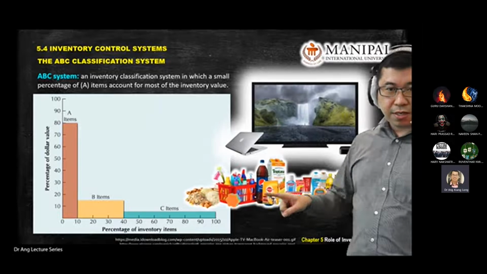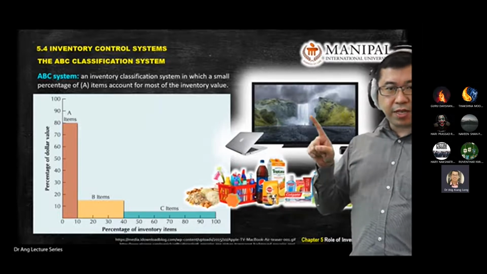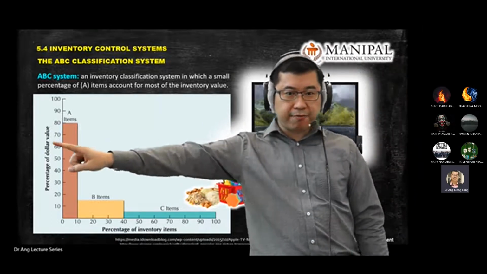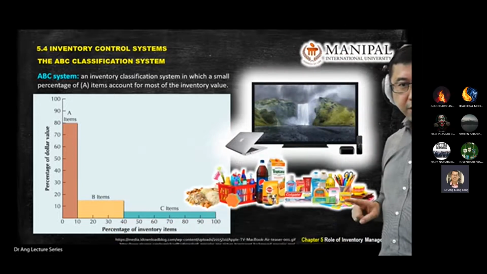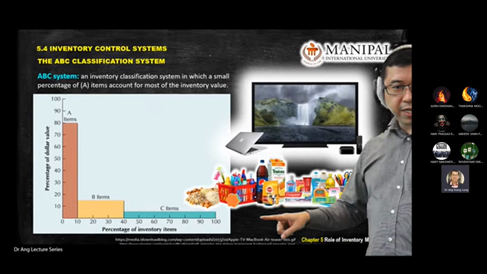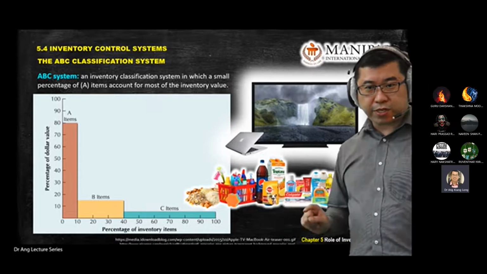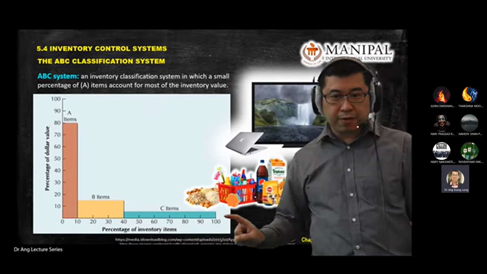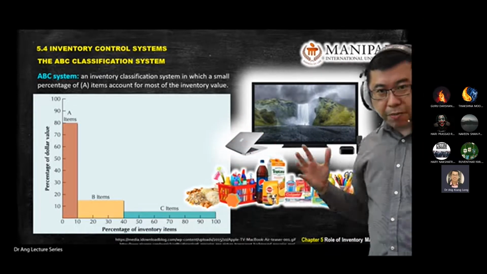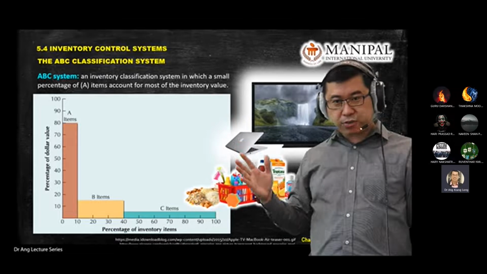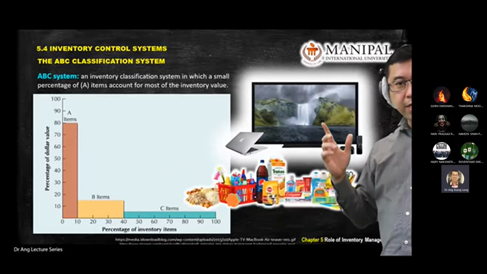Television and groceries. TV, computer, laptop, normally they fall under class A. Groceries, all these stationeries, soft drinks, all those loose items, normally class C. Okay, this is a shopping mall example. In industry, it is the same concept also.